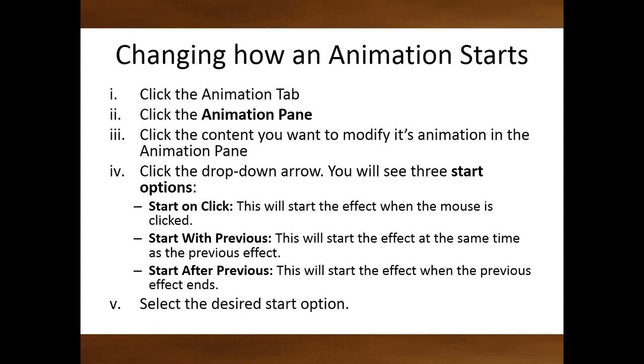That is, the animation will be applied only when the mouse is clicked, or one of the keys that we shall learn is pressed. For Start with Previous, this will start the effect at the same time as the previous effect.